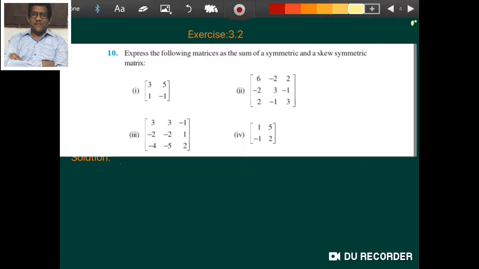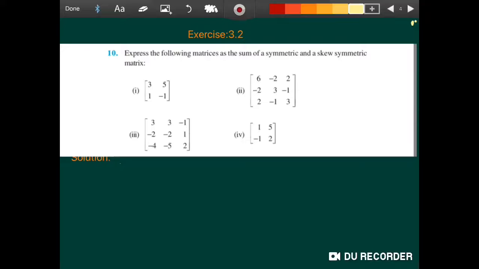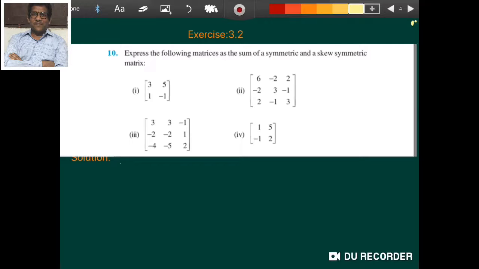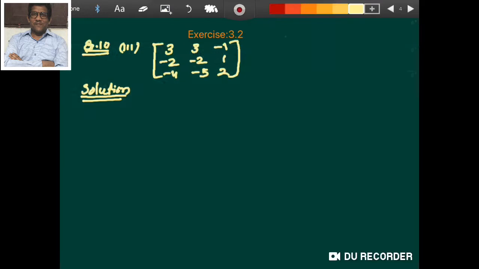Now in question number 10, some matrices are given. We have to express each of them as a sum of a symmetric and a skew symmetric matrix. Here we discuss only part 3. Let A be equal to the given matrix. We know that we can write A is equal to half of A plus A dash plus half of A minus A dash.